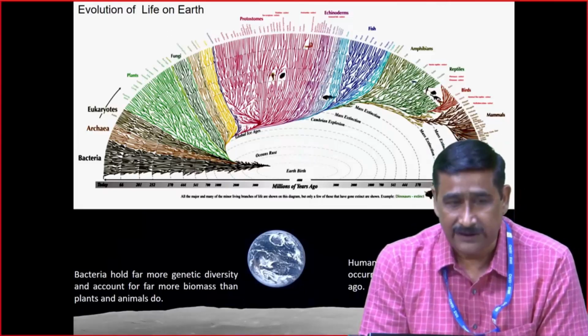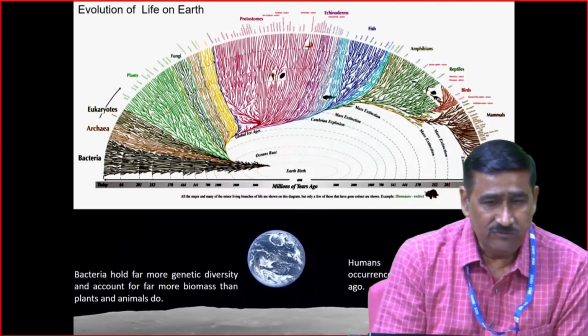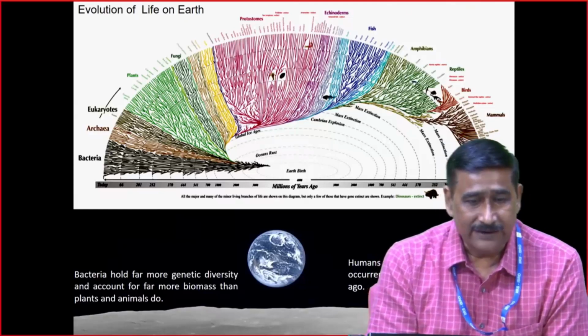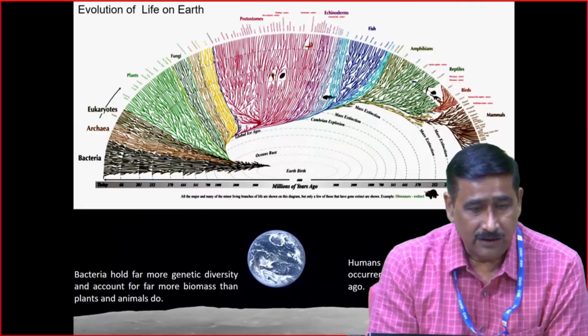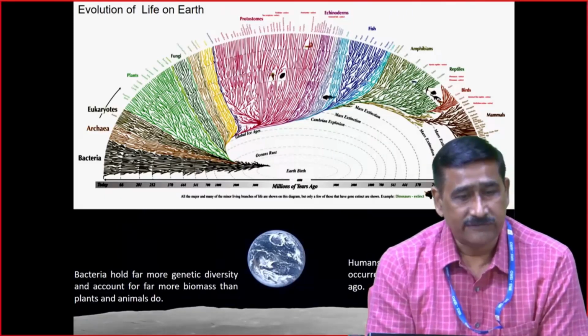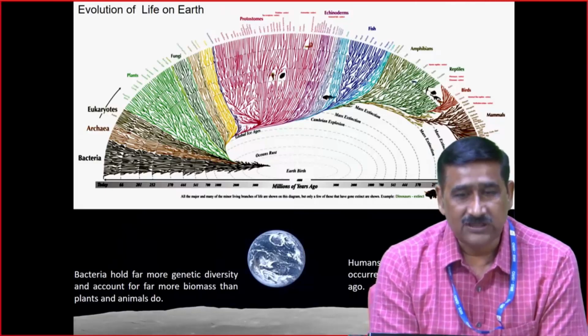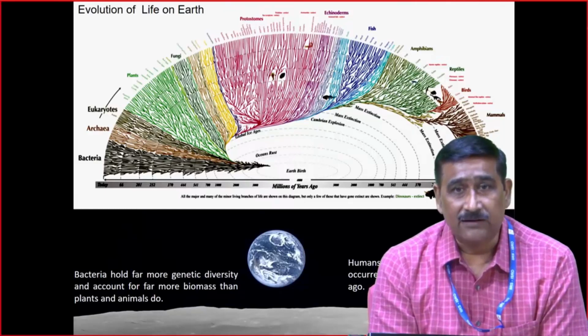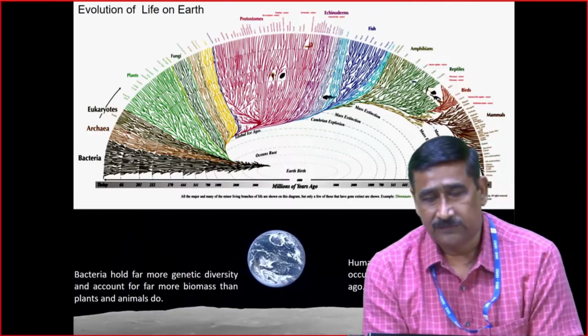That's the basic explanation. And if you see the evolution of life on Earth, you'll find that it started with bacteria, then eukaryotes, then plants, fungi, fishes, amphibians, reptiles, birds, mammals.